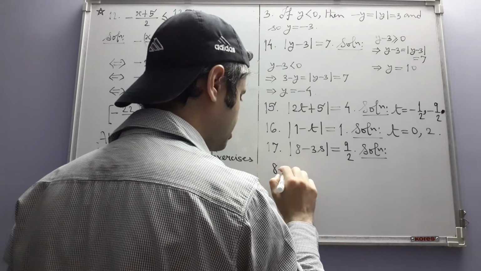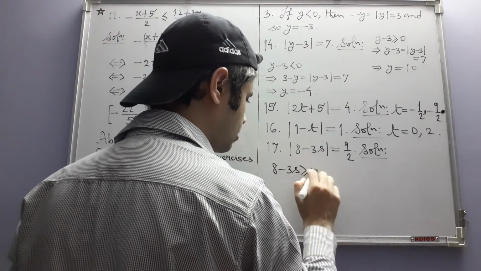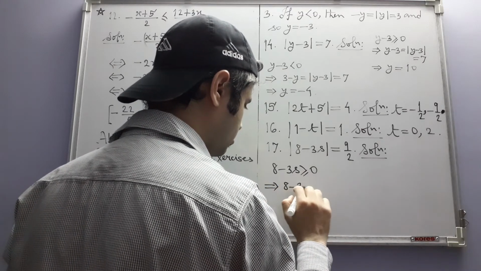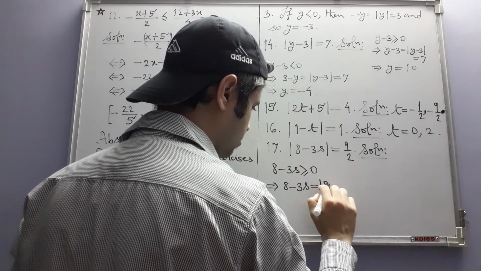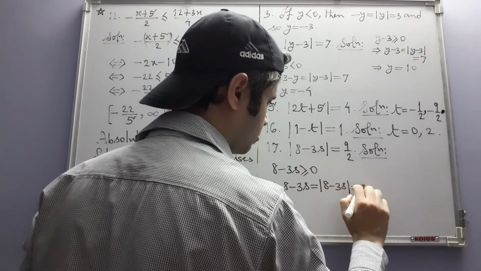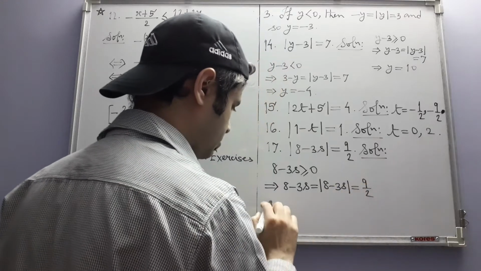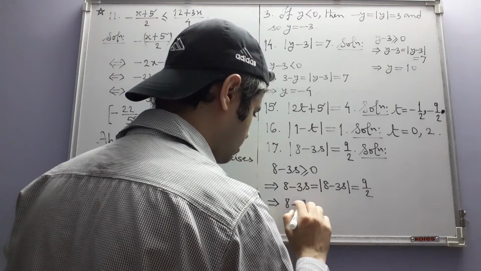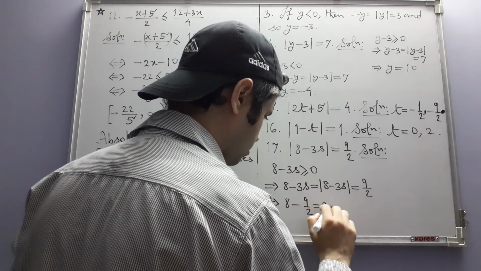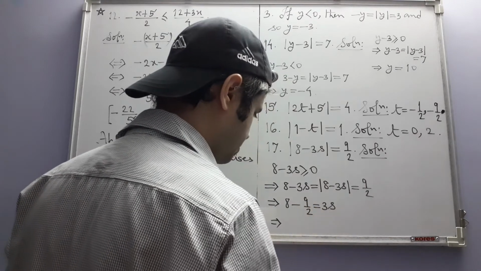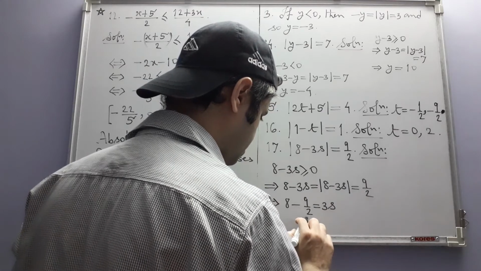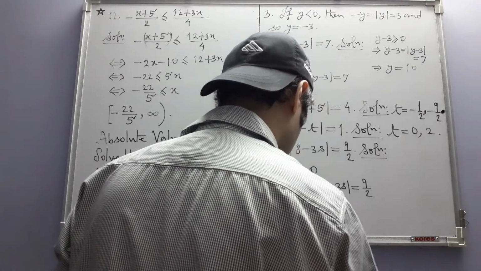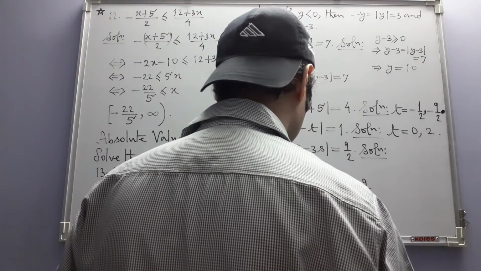If 8 minus 3s is greater than or equal to 0, then that implies 16 minus 9.